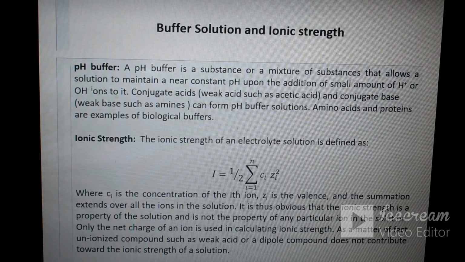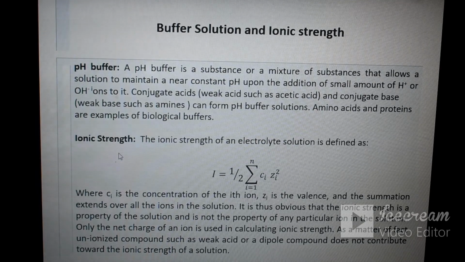A conjugate acid, that is basically a weak acid such as acetic acid, and a conjugate base, basically a weak base such as amines, can form pH buffer solutions. Amino acids and proteins are examples of biological buffers. Due to the presence of these types of acids and proteins in our body, the pH remains more or less constant.